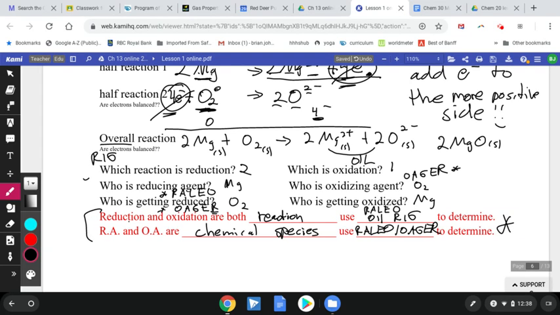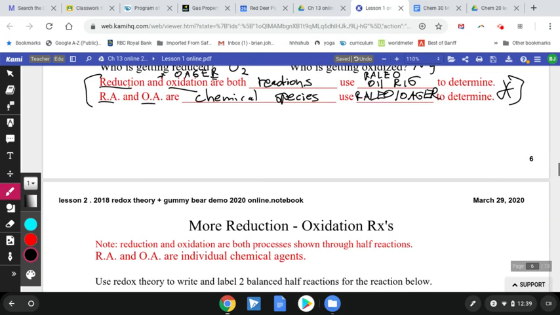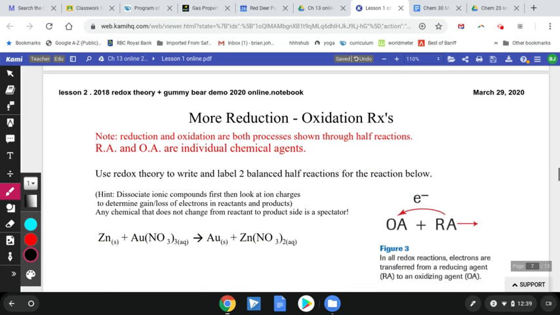This is really a key idea, understanding the difference between reduction and oxidation and reducing agents and oxidizing agents. So, as we just stated, reduction and oxidation are both processes involving reactions, and reducing agent and oxidizing agent are the individual chemical agents or species.